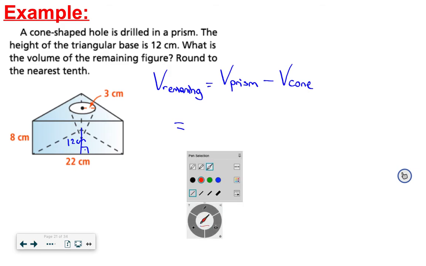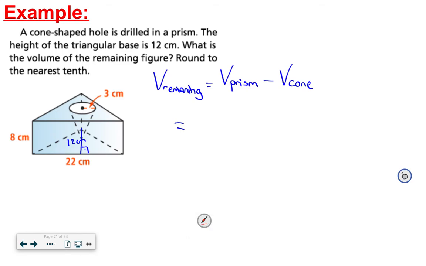Alright, let me remind you how to find the volume of prism and volume of cone. Volume of the prism is base area times height. And volume of the cone is base area, which means pi r squared times height over 3.